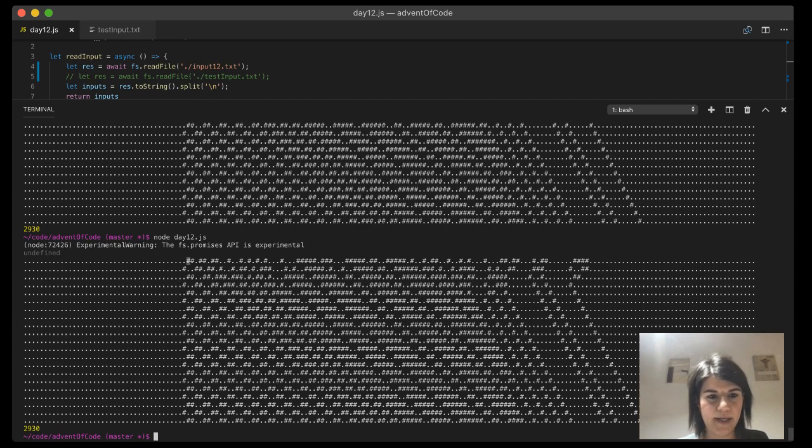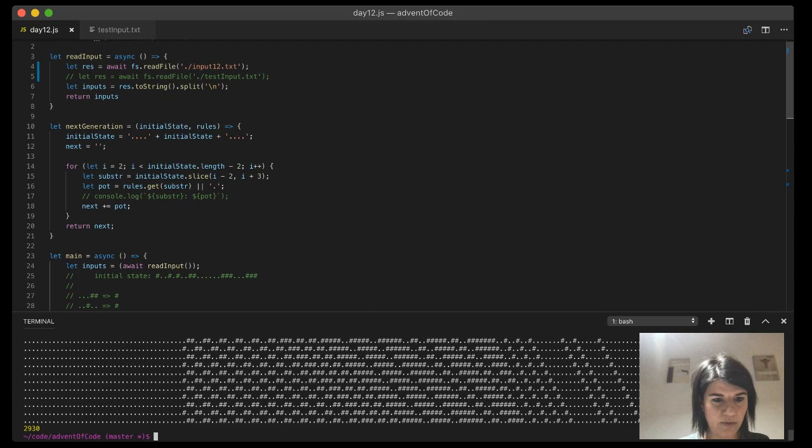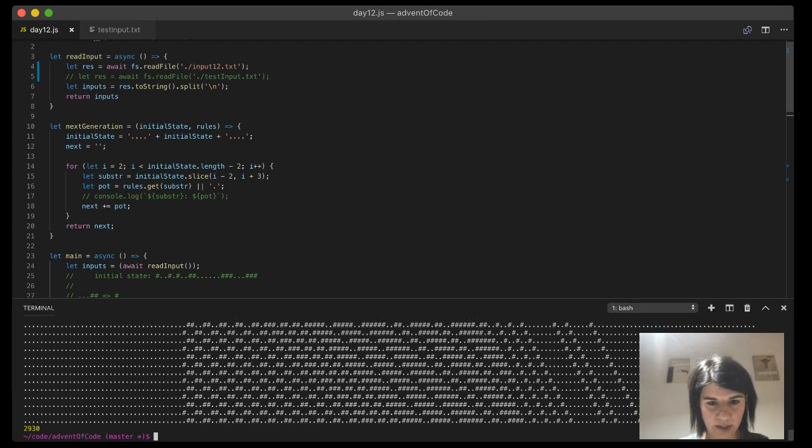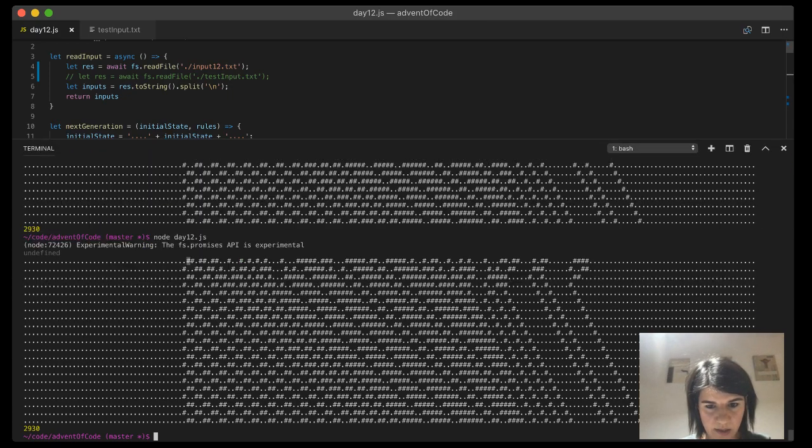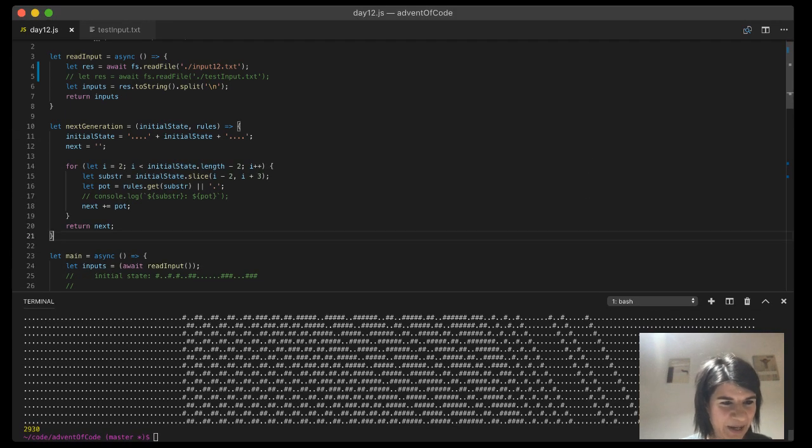Oh, and I can't see anything because I need numbers here, sorry. Okay. So I won't write a computational answer, I'll just look at this picture and then add up the 50,000 to it. I think that'll work quite nicely. Yeah, good luck doing 50 billion iterations. I think I'm not even going to try.